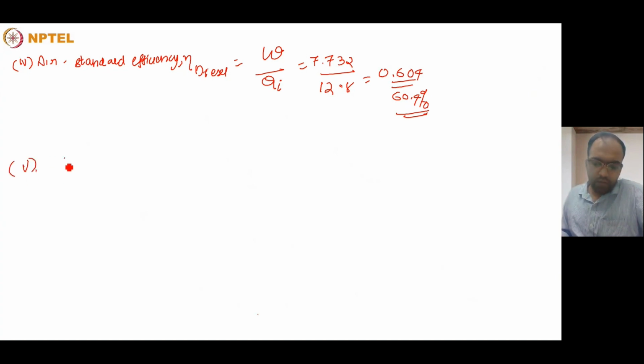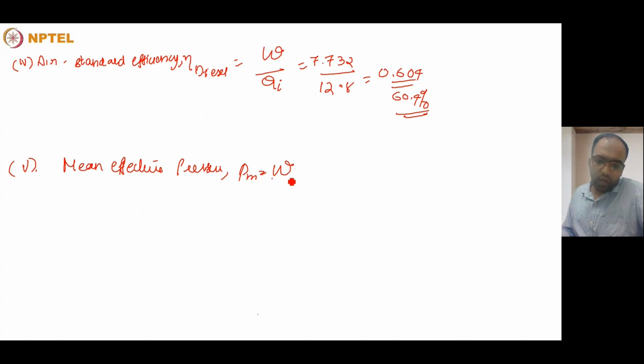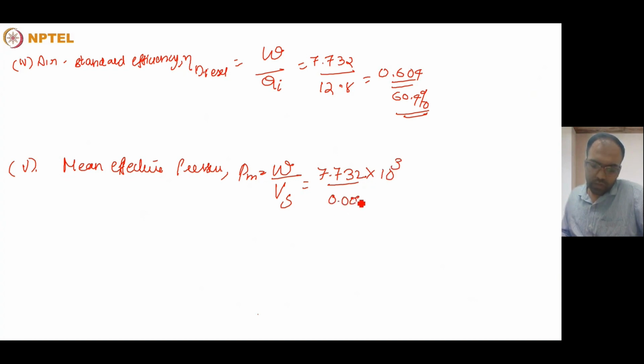And then we have to calculate the mean effective pressure. PM is equal to work done divided by the stroke volume. So work done will be 7.732 into 10 cube divided by the swept volume, or the stroke volume, which will be 0.00942. This is the work done per cylinder per cycle.